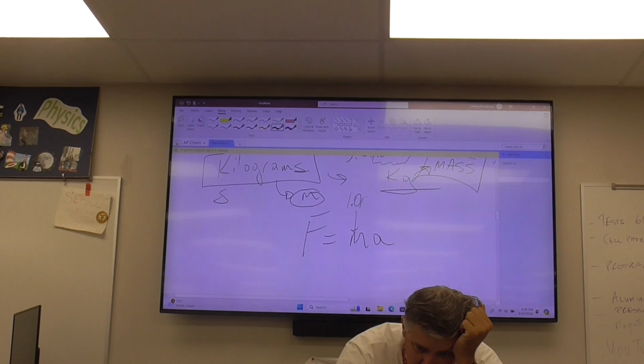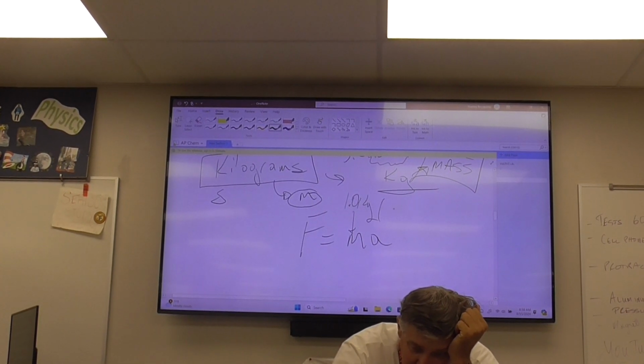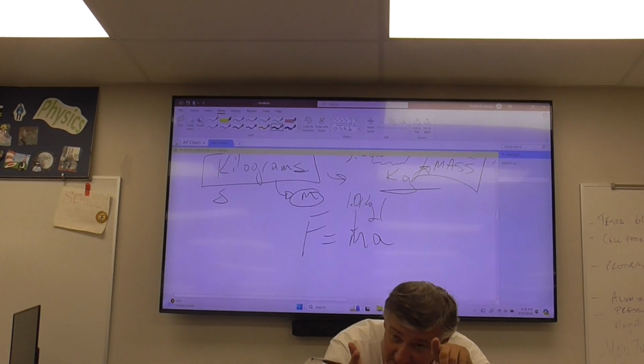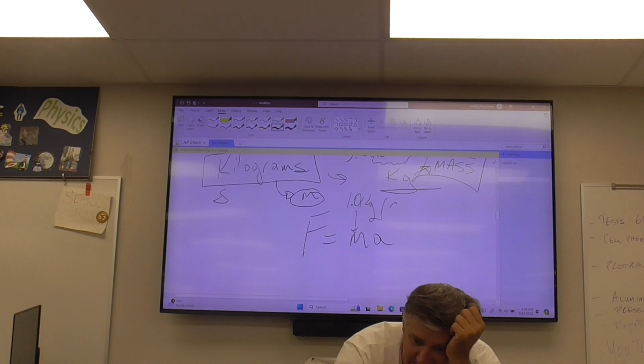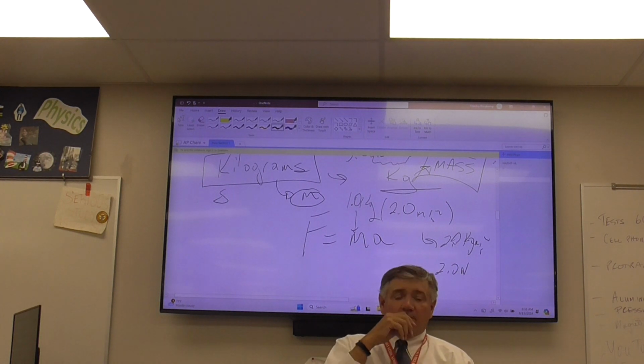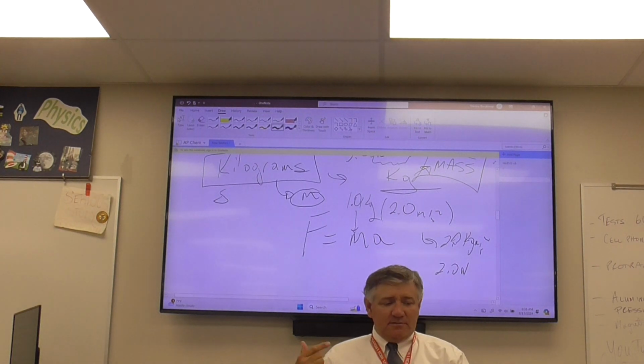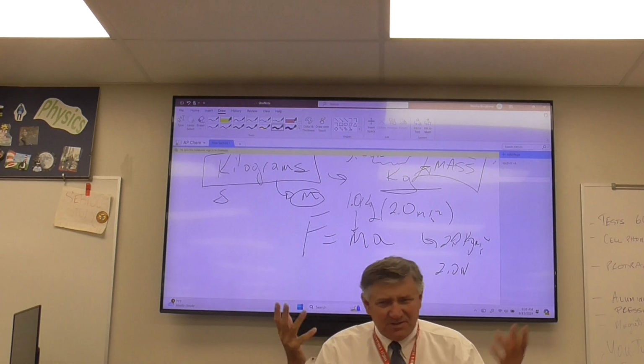So let's say you have a 1 kilogram mass, and you're going to make it accelerate, not decelerate, at 2 meters per second squared. Then that would be 2 kilograms meters per second squared, or 2 newtons.